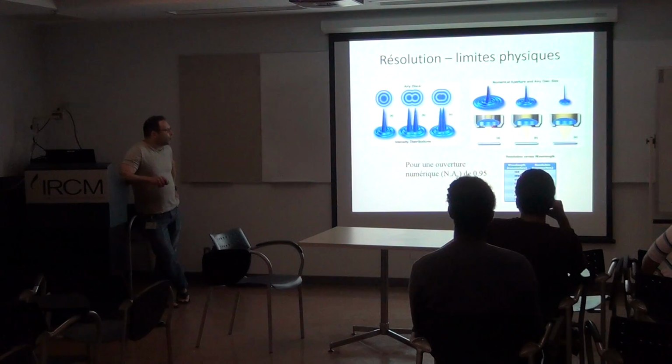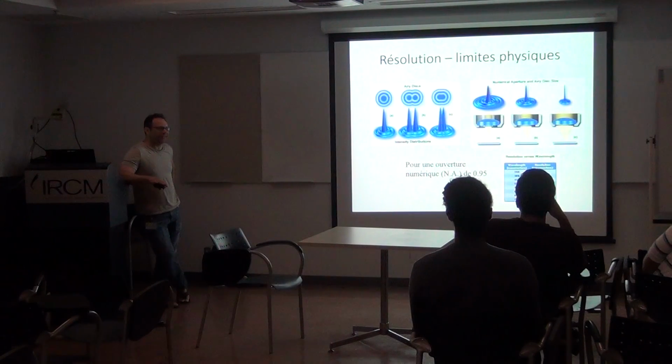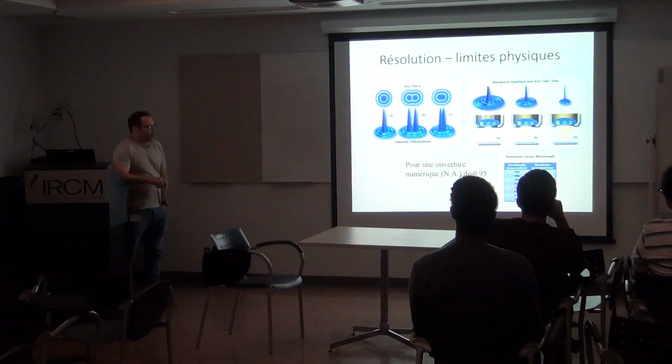Okay, and so the aperture is something really important to understand, or at least to be reminded of. If you have a high numerical aperture objective, you're going to see much more detail than if you use a low numerical aperture.